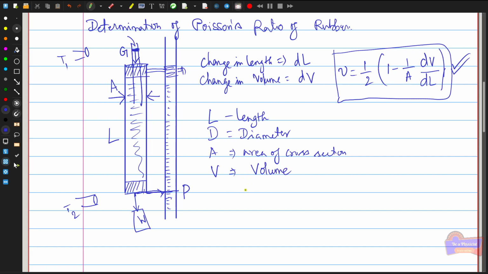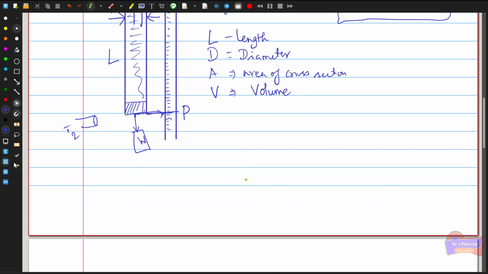So that we can easily find out the volume, which is equal to the area of cross section into the total length of the tube.